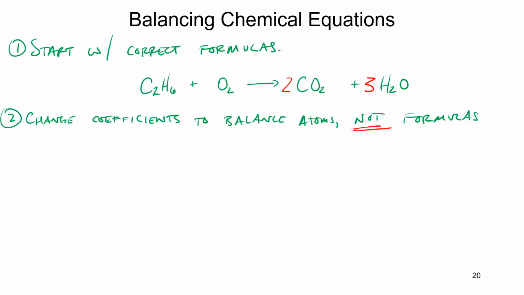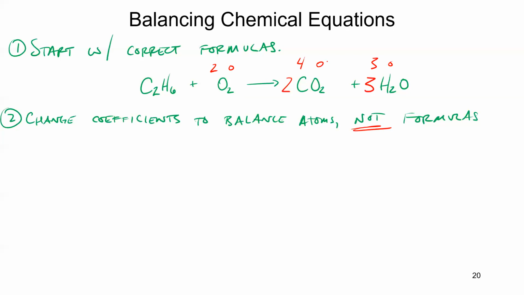Once I've done that, let's count up our oxygens. I've got 2 moles of oxygen atoms on the left, and I've got 2 times 2, that's 4 oxygen here, and I've got 3 oxygen here, and 2 oxygen here. I hope you don't think that that's 40, 30, and 20.